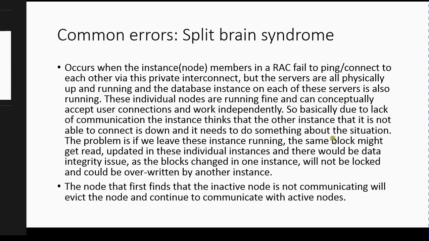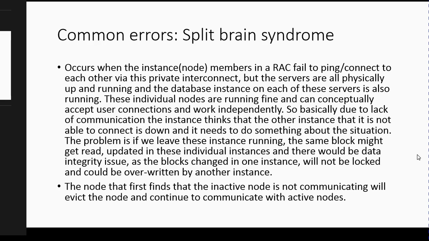And also, this is a very common error. This is split brain syndrome. This is an example of what I just explained to you guys. If you have a 3-node environment, when the 2 nodes realize that the third node is no longer communicating, they're going to try to see if they can evict that node.